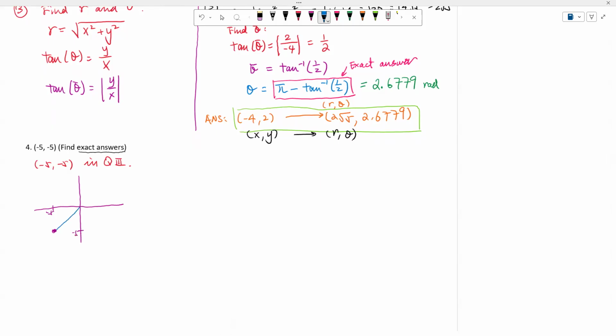And this is the R. This will be the angle theta. Okay. And of course, we could find the reference angle is here.